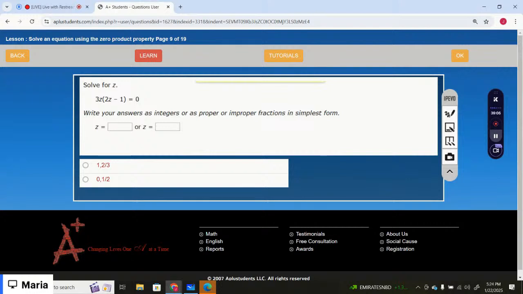Solve for z, which is the correct option. That is 0 and 1 by 2. Option number 2 is the correct option.